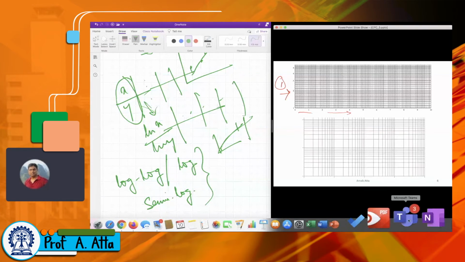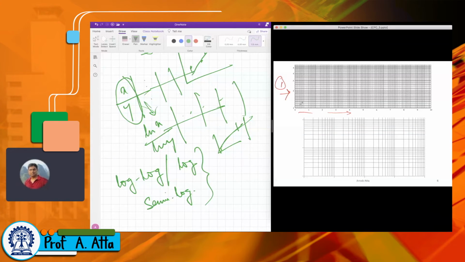But on the y-axis, you notice the difference. This is 1, this is 2, 3, 4, 5. These lines have changed because these are basically the logarithmic values that are already converted.